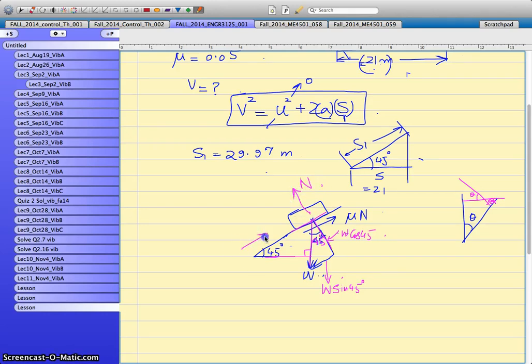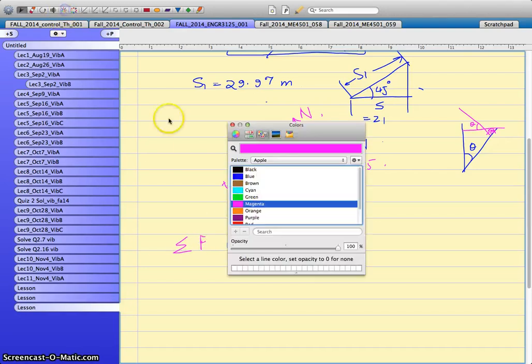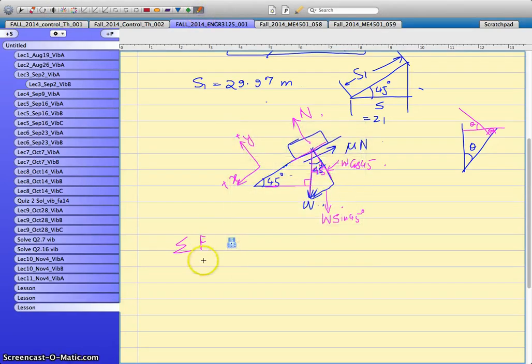So imagine this is my x. I would take x in the direction of the motion, so this is my x, this is my y. So let's do a force balance, applying Newton's second law.